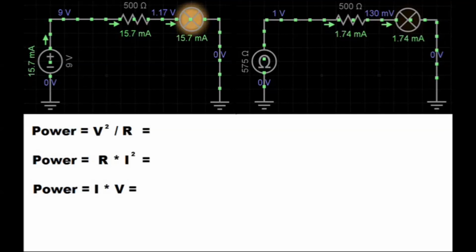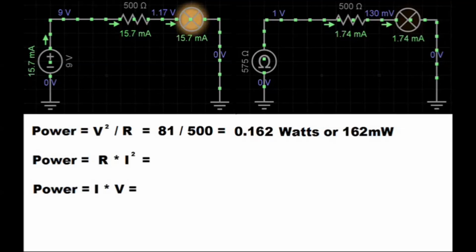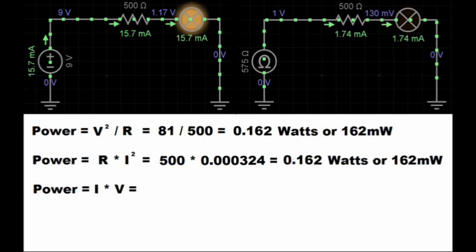So using the power formulas, voltage squared divided by resistance, 81 divided by 500 gives us 0.162 watts or 162 milliwatts. Resistance multiplied by the current squared, 0.000324 multiplied by 500 gives us 162 milliwatts.